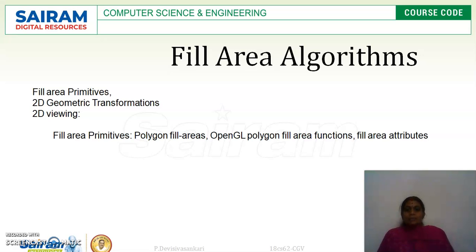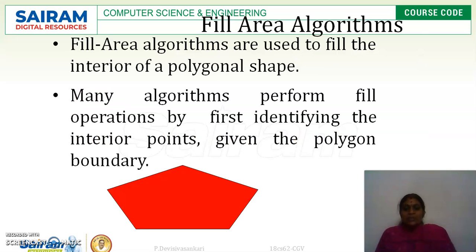But especially in this video we are going to see the fill area primitives, what the different polygon fill areas are, and what the OpenGL polygon fill area functions and attributes are. In the fill area algorithms, we fill the interior of the polygon shape.